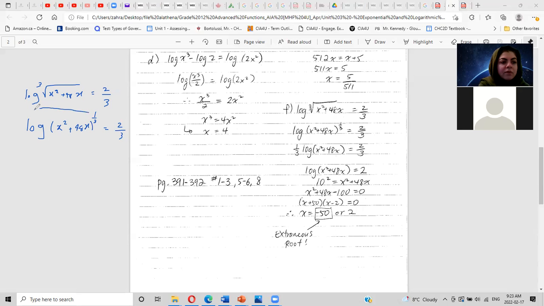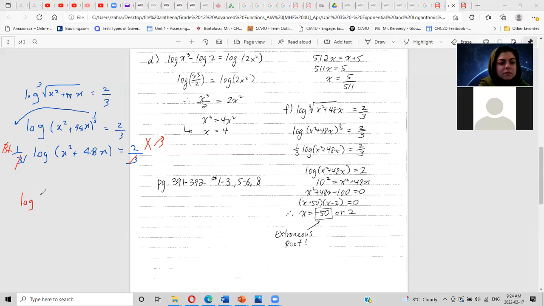I can bring the power in front of the log, so it's 1 over 3 log of (x squared plus 48x) equal to 2 over 3. Multiply both sides by 3 because you want to remove that one, right? Multiply both sides by 3 to get rid of this 3 here.